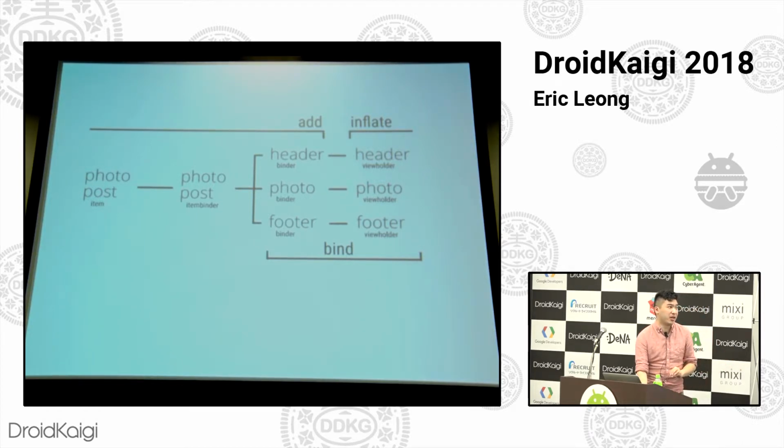But remember that a header binder can also bind something like a text post to a header view holder. So the header binder actually has quite a bit of logic inside of it for the different post types, or you can separate it out and have a photo post header binder if you wanted to do some more specific type gymnastics.